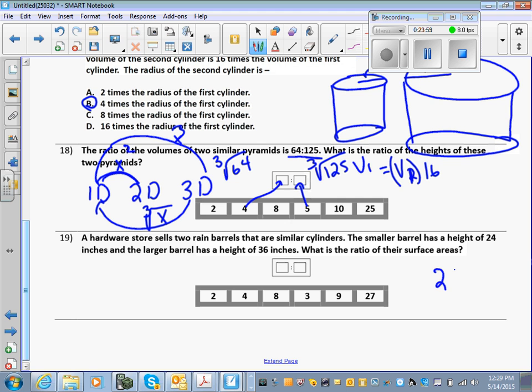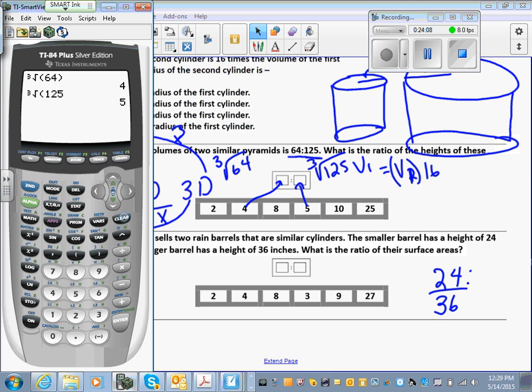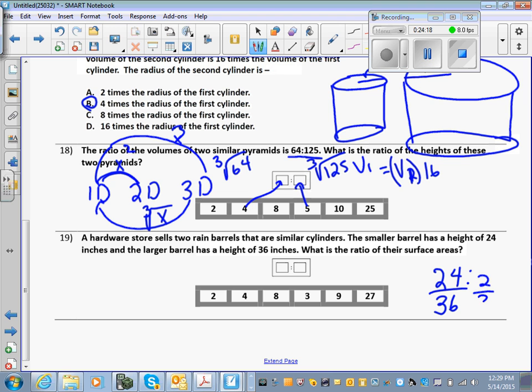But before I square it, I need to simplify it to the smallest terms. So I'll put 24 divided by 36, press math, enter, enter, and it'll give me 2/3. So this ratio would be 2/3, but they're looking for the surface area, so I'm squaring both. 2 squared gives you 4, and 3 squared gives you 9. So that's what the answer is going to be.